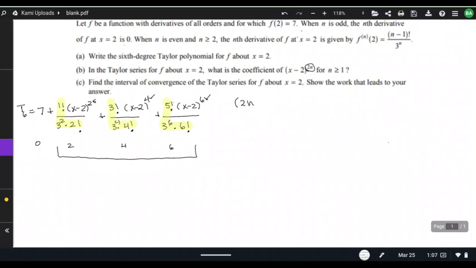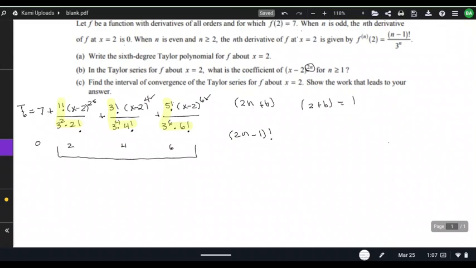Plugging in the term 1, we're going to have 2 plus b, which has to equal 1. That means our b is going to be negative 1. So the numerator is going to be (2n minus 1) factorial.